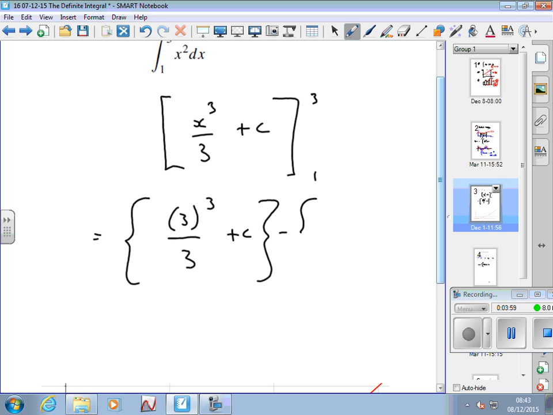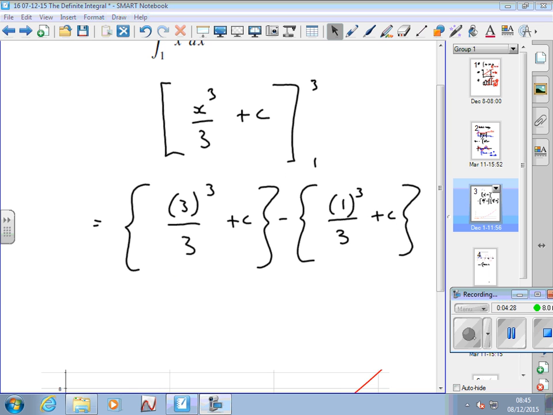Minus, put the bottom limit in, x is 1, 1 cubed over 3 plus c. If it's a complex integral that you're trying to do, it's a good idea to just rewrite the function. I've just rewritten the function here, and instead of x, I've put the value in a bracket. That's a good idea, and that leads to fewer errors.